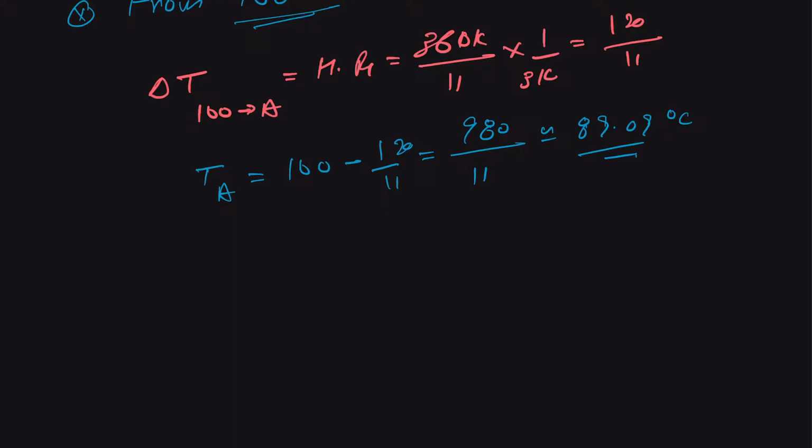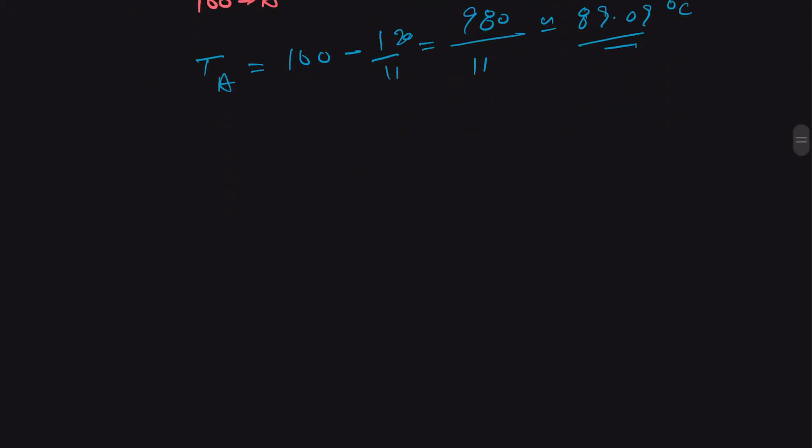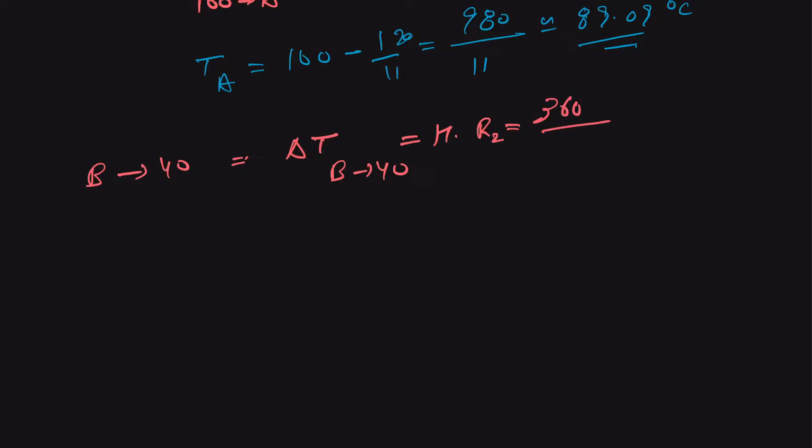Similarly, we come to our from B to 40 degree centigrade. Same process, delta T from B to 40 is equal to H times R2, that comes as 360K upon 11 times 1 upon K, which gives us 360 upon 11.